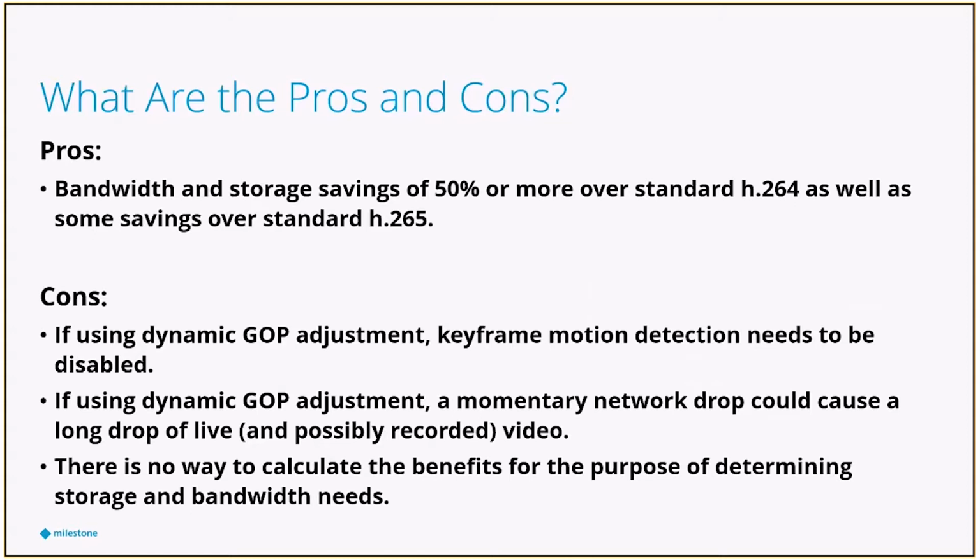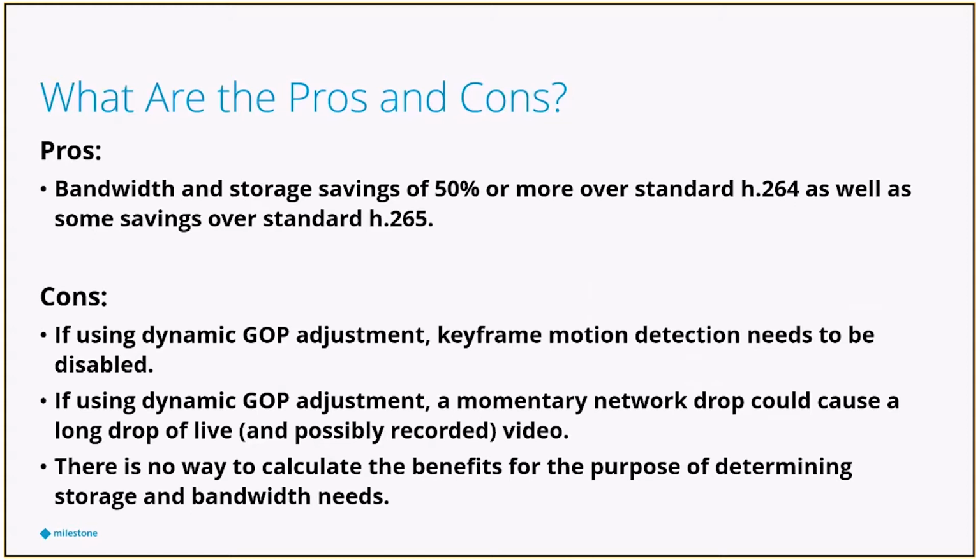And the last one is there's really no way from a storage and bandwidth calculation aspect to calculate the benefits of smart codecs, because there's so many variables involved. It all depends on how much activity is going on in the scene, depends on what settings are available to do this. Like some cameras or some manufacturers, it's a simple on-off switch on the camera basically, and there's no settings at all.